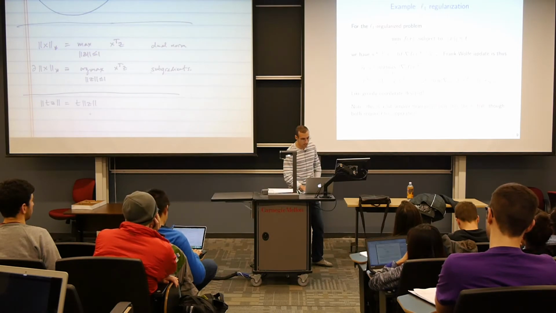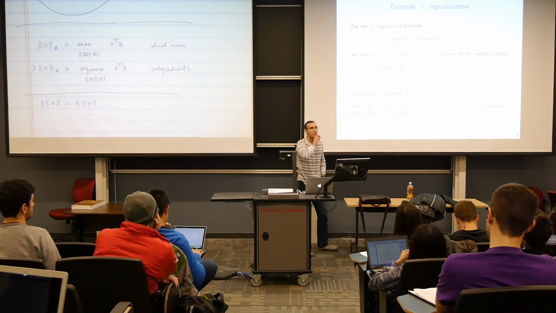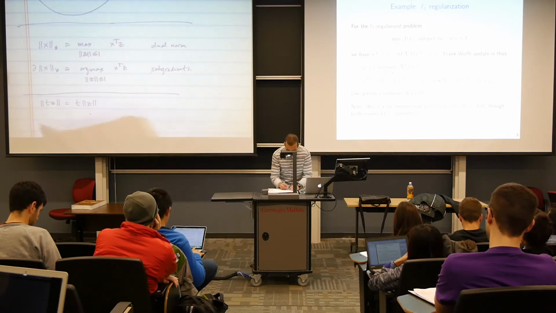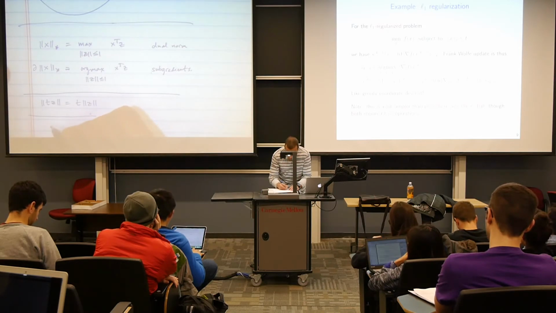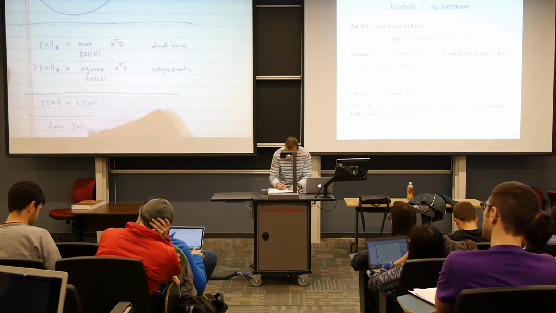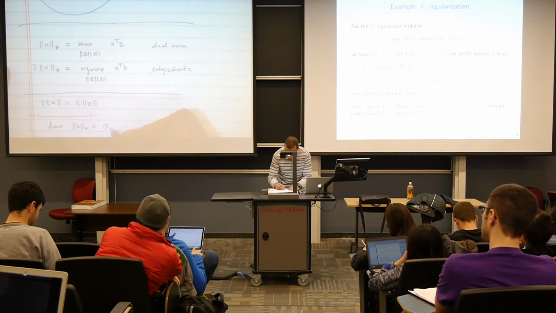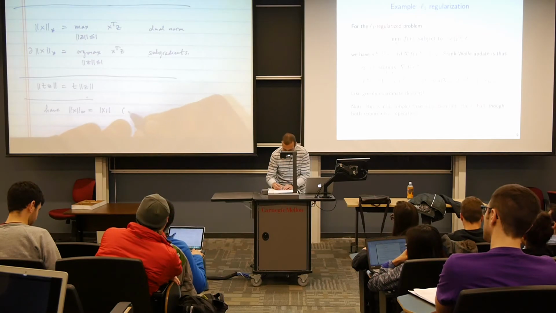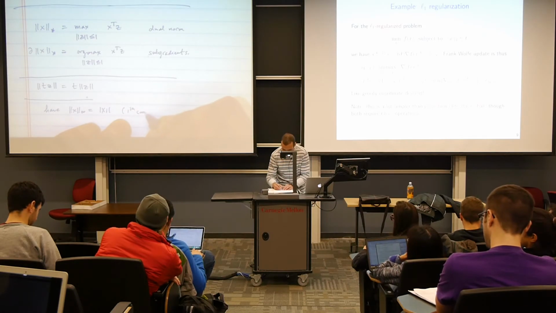Right, it's easy to see that a valid subgradient of the L infinity norm is just a vector that has all zeros, and it has a 1 or a -1 in the spot where the maximum is achieved. Okay, so let's suppose that the L infinity norm of a vector x is equal to the absolute value of x_i. In other words, I'm just telling you, suppose you knew that the ith component achieved the max.